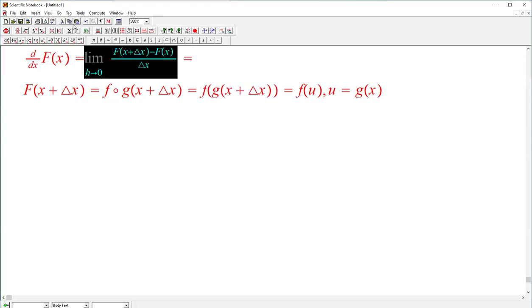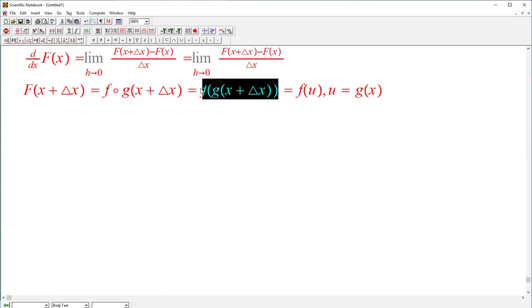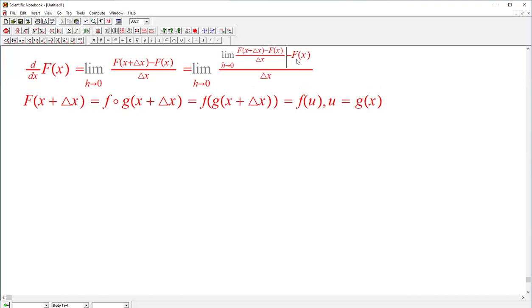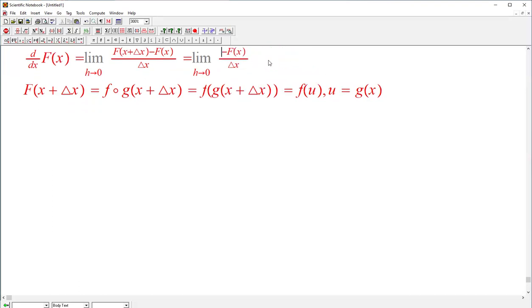Sorry, my bad, I meant to copy this piece to replace capital F of x plus delta x.